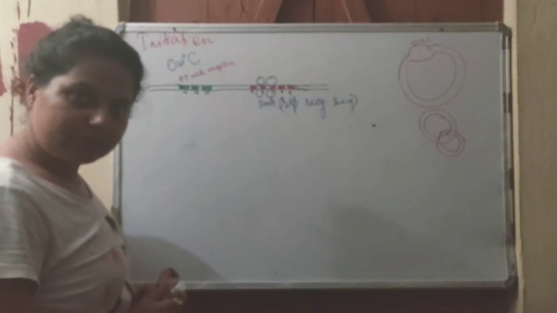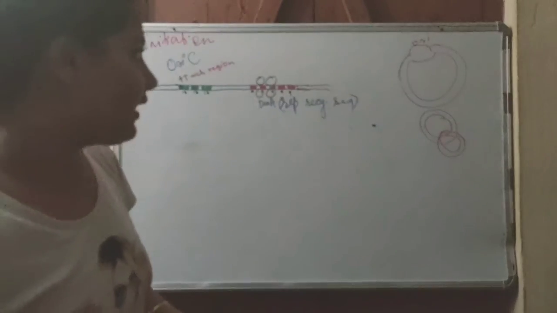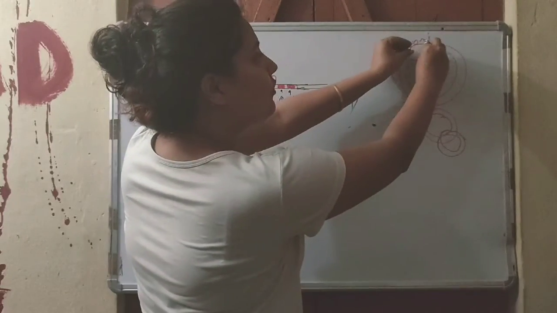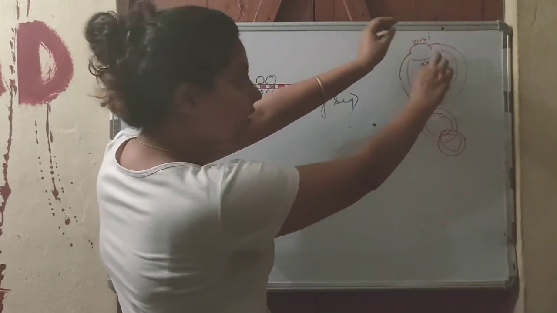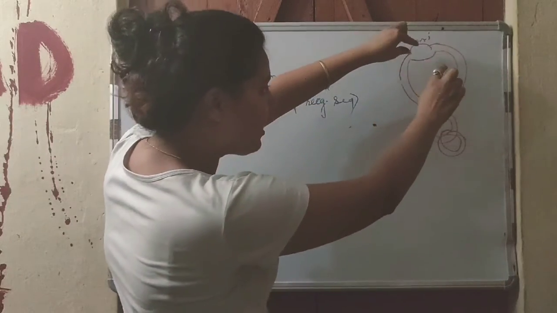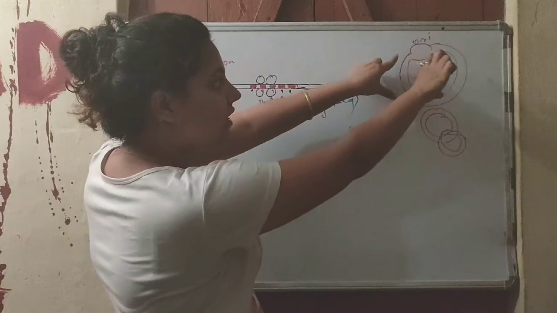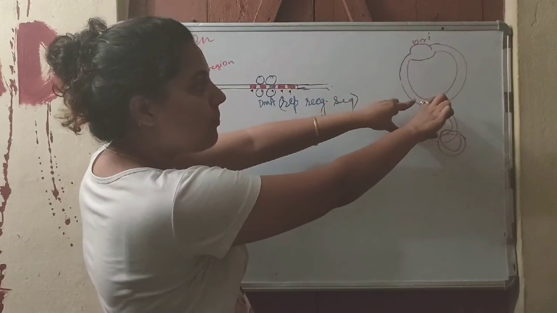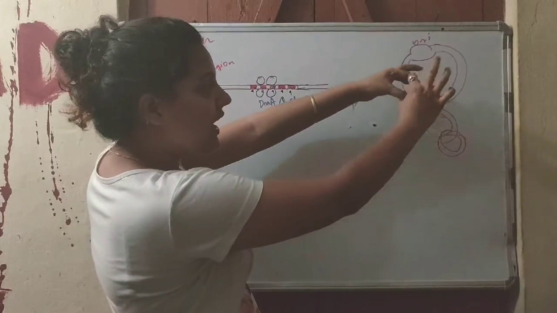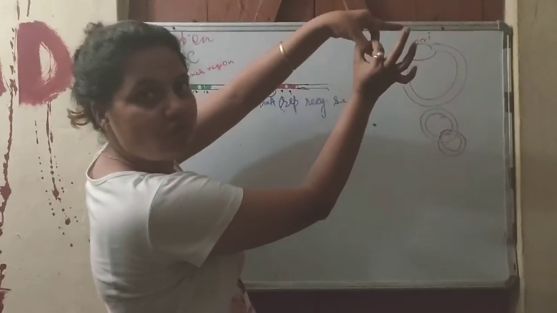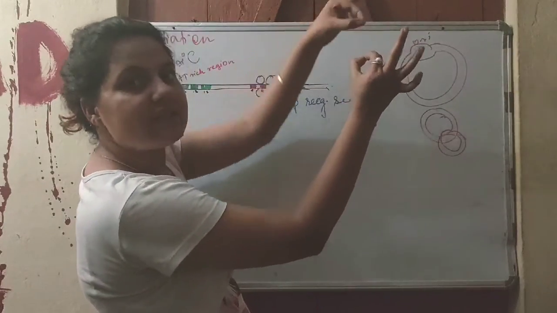It will start making from this side of the replication fork, and this side of the replication fork will start making from this side, and finally they will form a duplicate DNA in this fashion, and later they will have to be separated and live individually.